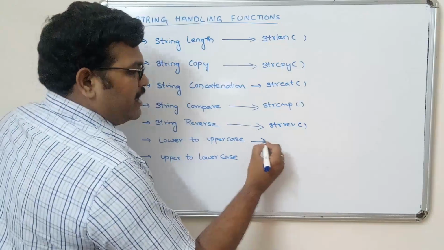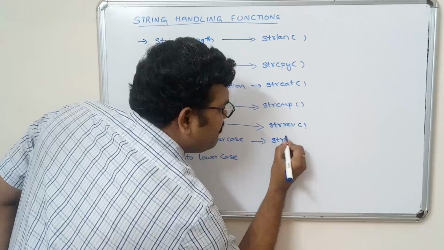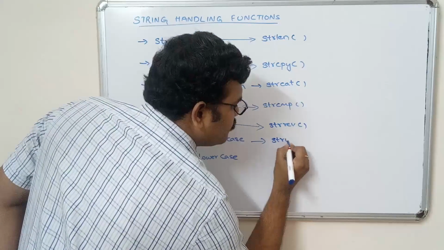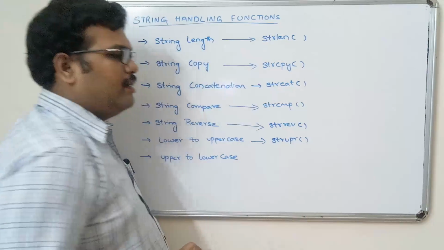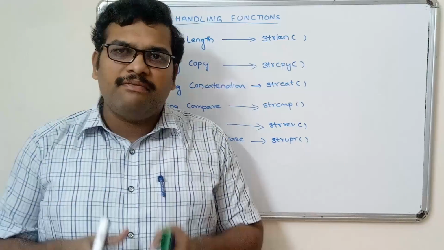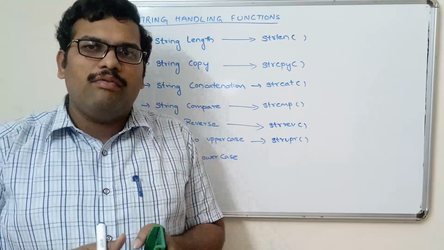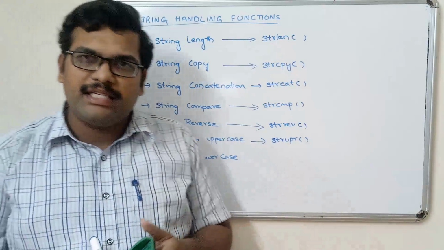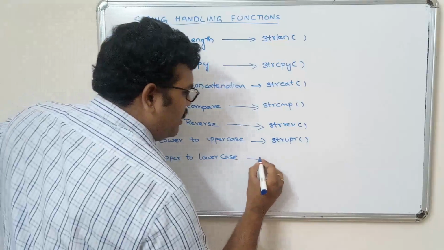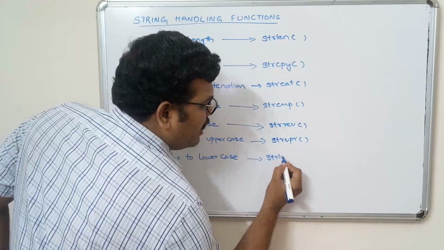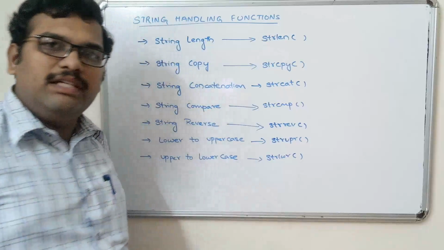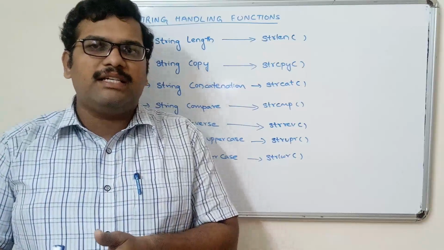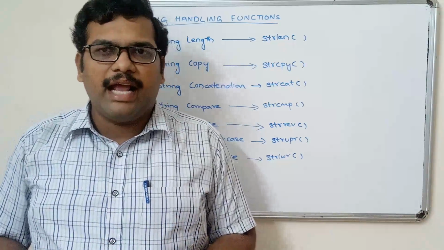And for lowercase to uppercase, strupr. This function is used to convert all the lowercase characters into uppercase characters. And similarly strlwr. This function is used to convert all the uppercase letters to lowercase characters.